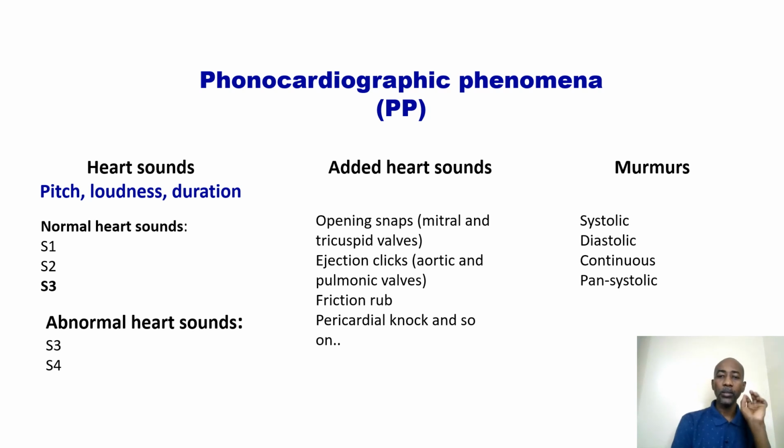Opening snaps are exclusively about the mitral and tricuspid valves. Ejection clicks are specifically the aortic and pulmonic valves. And finally, last but not least, the murmurs, and we comment on whether we have systolic or diastolic murmurs. And by that we finish commenting on the auscultation picture of the patient's heart.